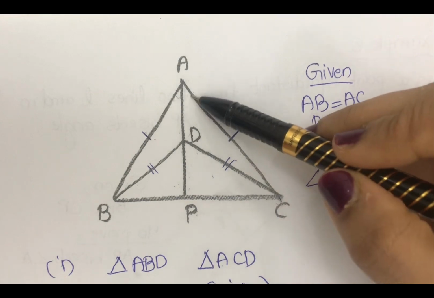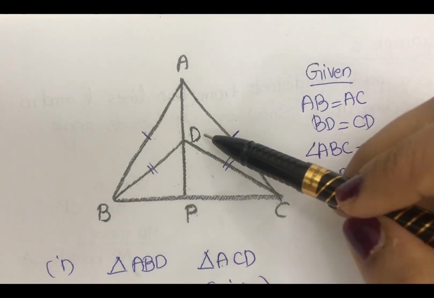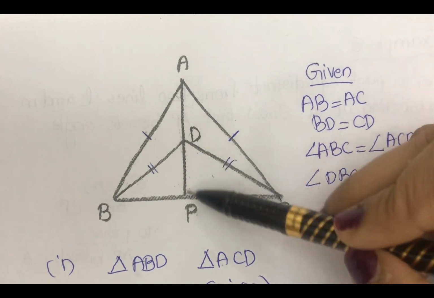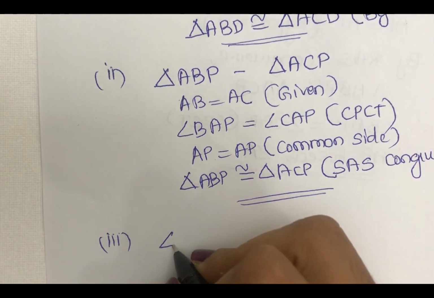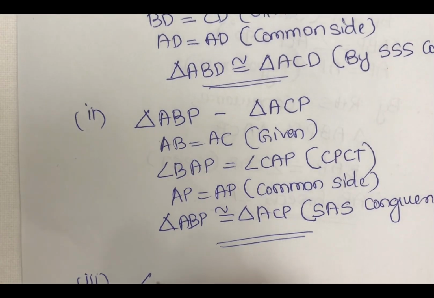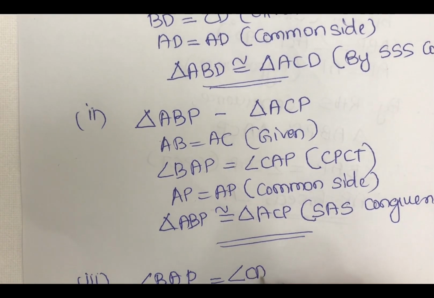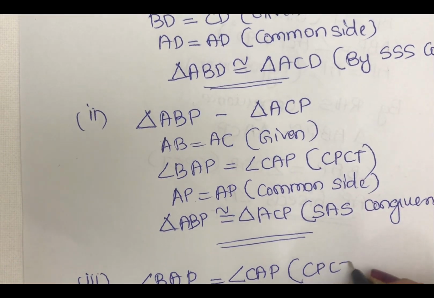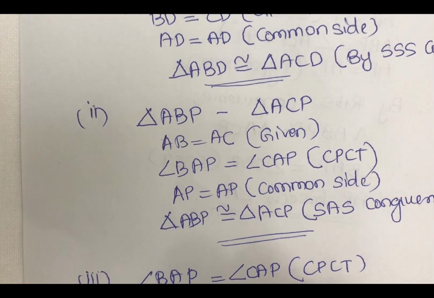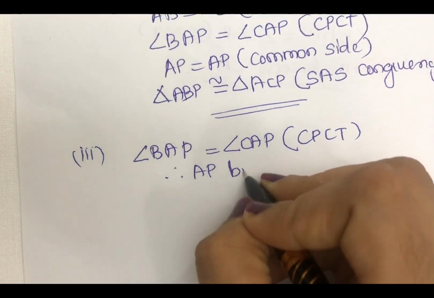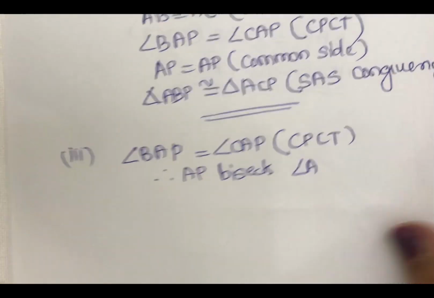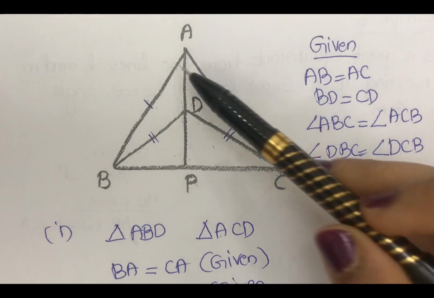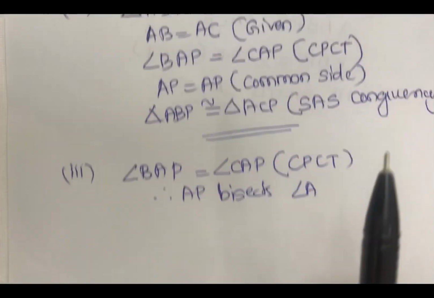So definitely AP bisects angle A. Angle BAP is equal to angle CAP, CPCT. Therefore AP bisects angle A. That is, BAP is equal to CAP, so AP bisects angle A.